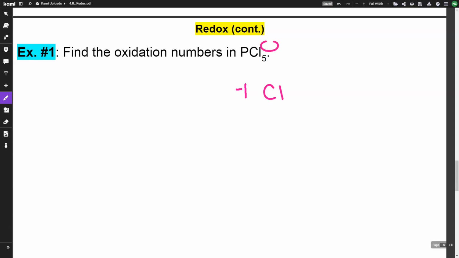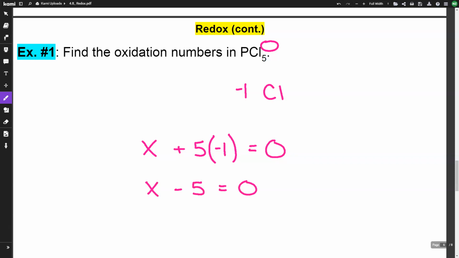There is no charge here. So whatever phosphorus's oxidation number is, and then we have 5 chlorines. Each chlorine is -1, and that is going to sum up to 0. So what plus -5 equals 0? Well, phosphorus is going to have to be +5 to make this work.